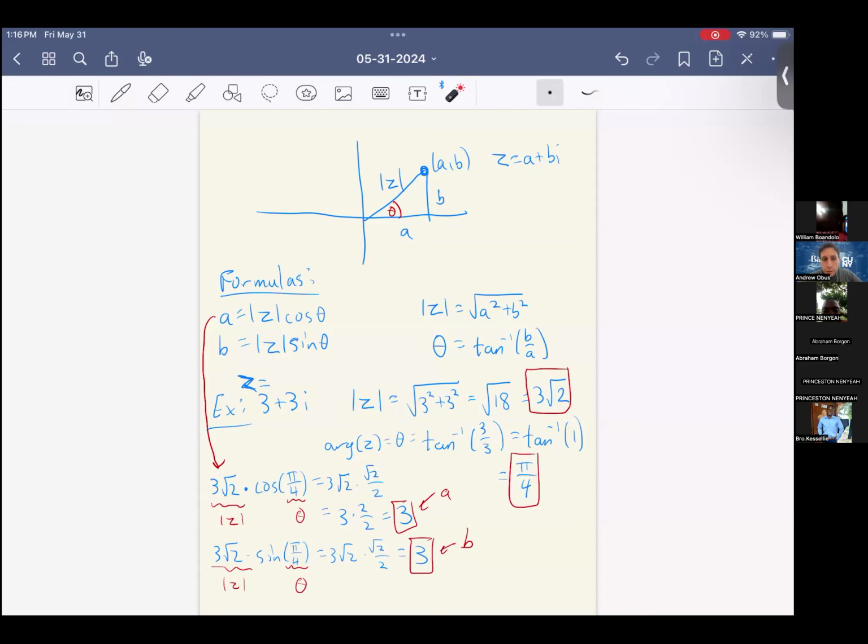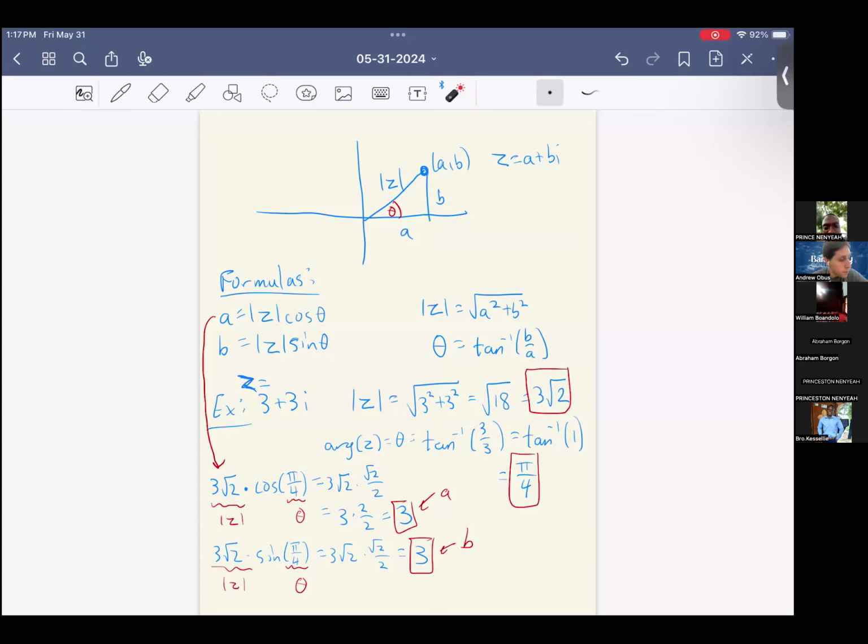Inverse tangent of 1, which is pi over 4. Okay, good. You're getting me now, right? Now I'm getting you, yeah.